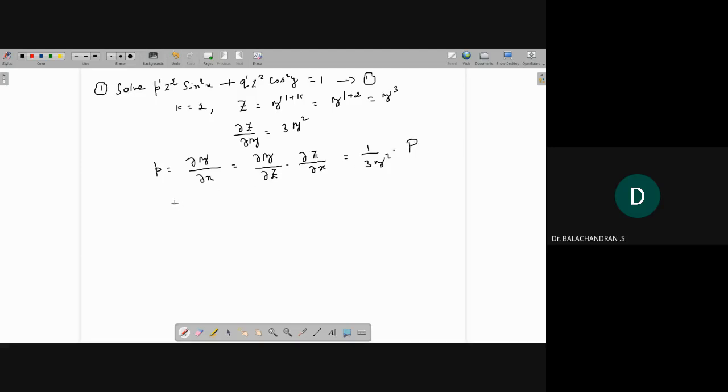Now Z square P, small z square into small p equal to capital P divided by 3.